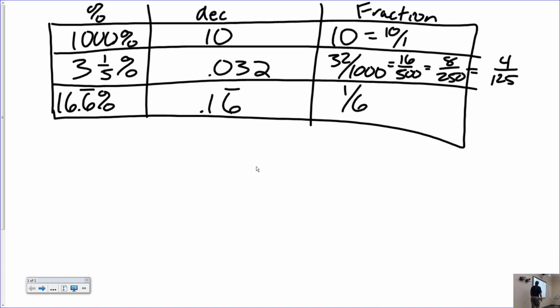So how would you write that out, the repeating decimal? What is 0.6 repeating, folks? 2/3, right? So how would I rewrite this so that there was no repeating decimal?